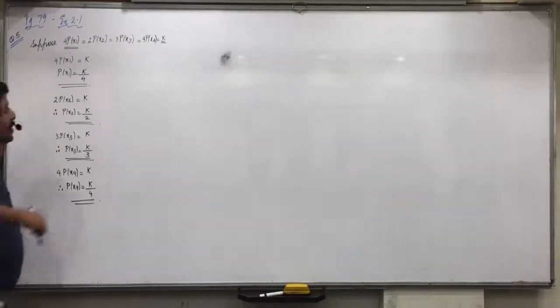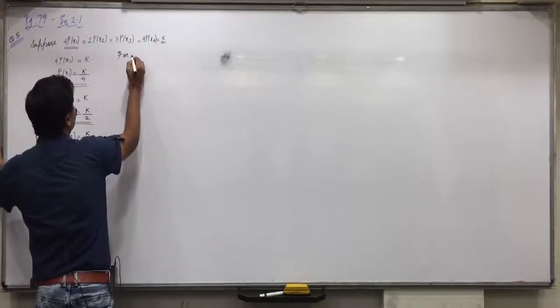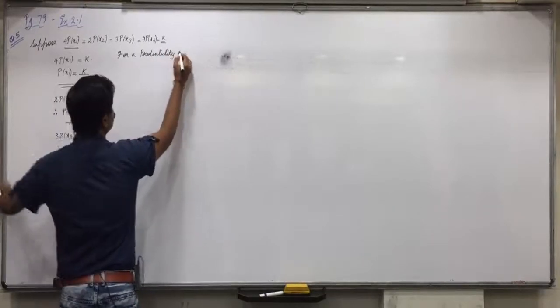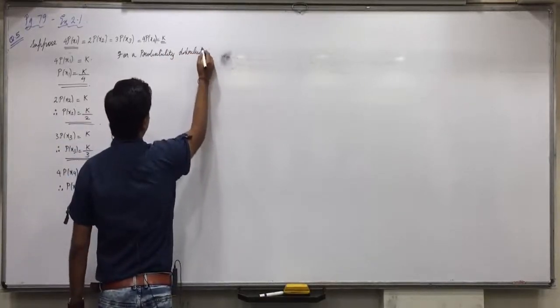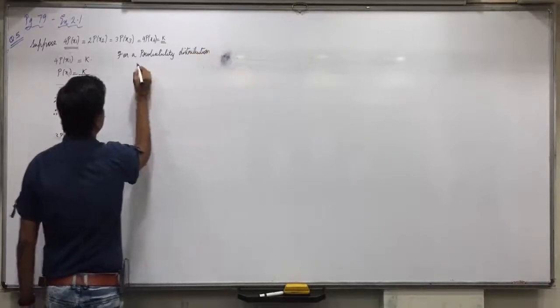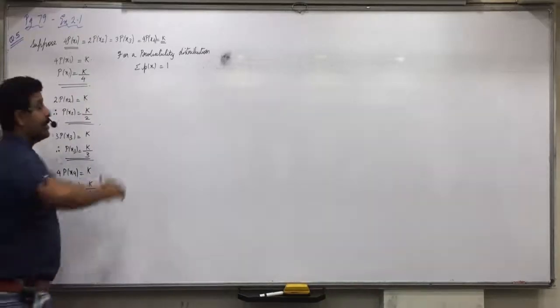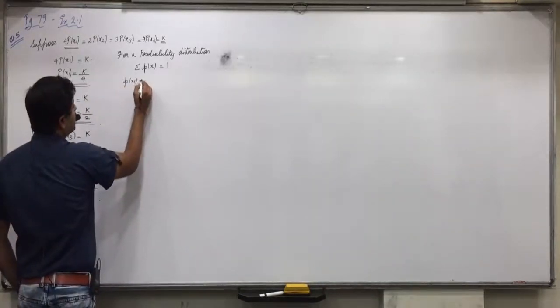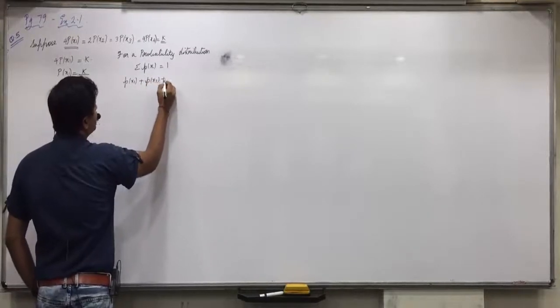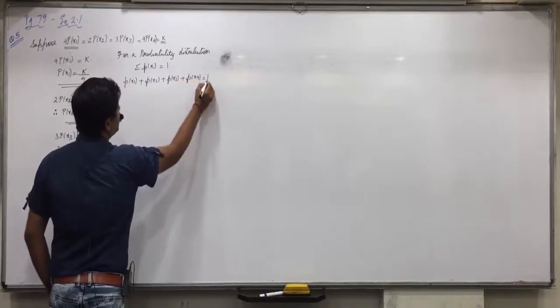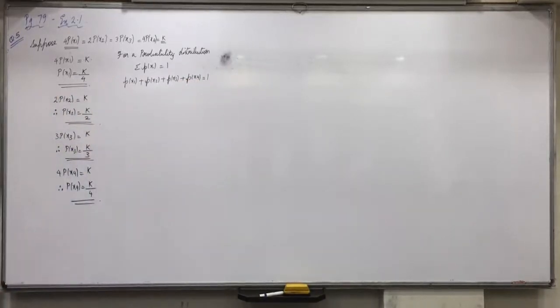So write down, for a probability distribution, sigma p(x) is equal to 1. Sigma p(x) means p(x1) plus p(x2) plus p(x3) plus p(x4) is equal to 1. We will substitute the values.